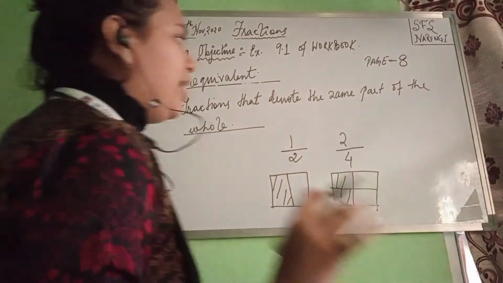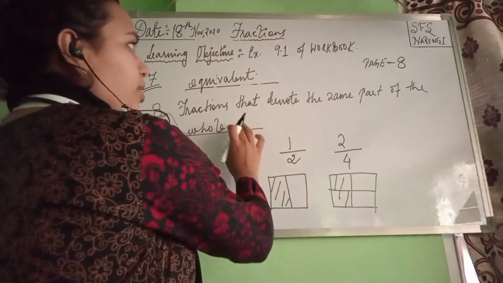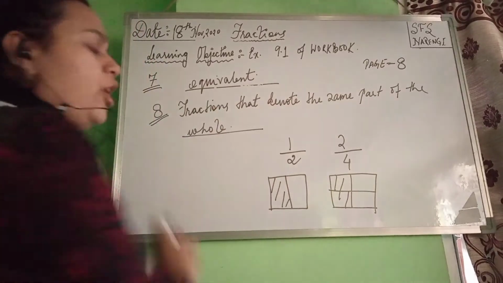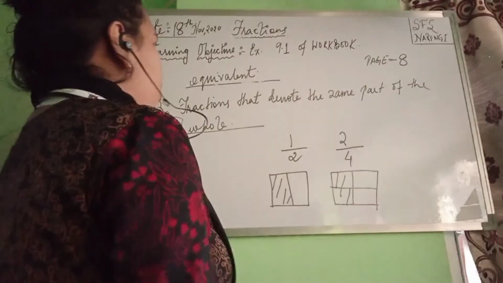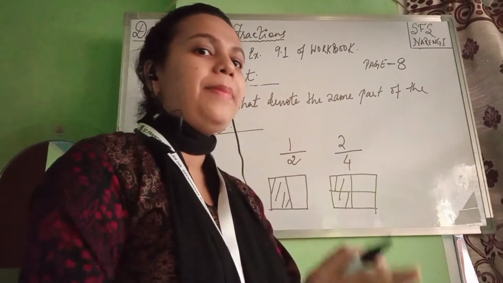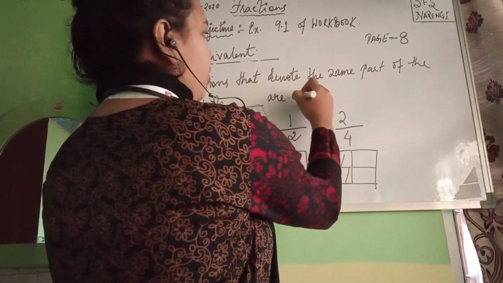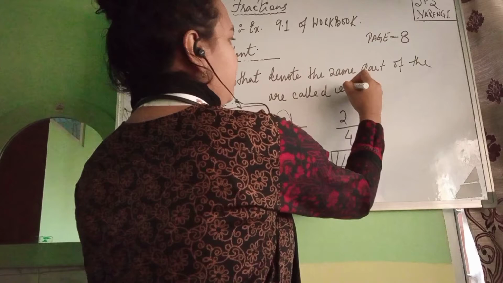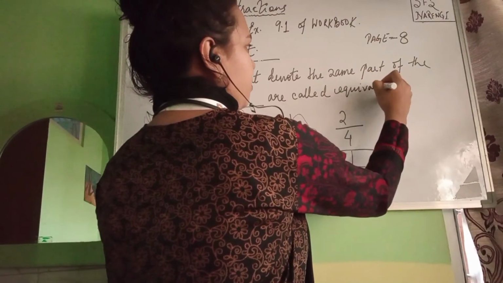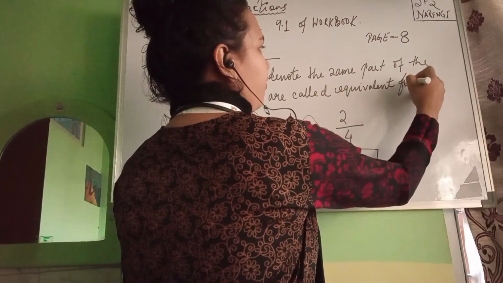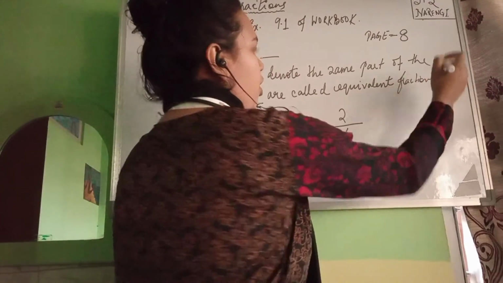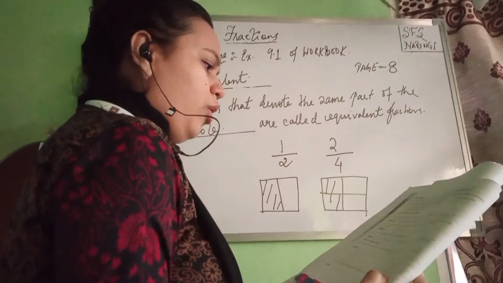So in equivalent fractions, we know that they represent the same part of the whole. So the fractions that denote the same part of the whole are called equivalent fractions.